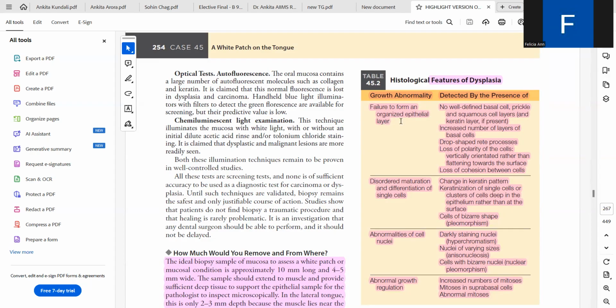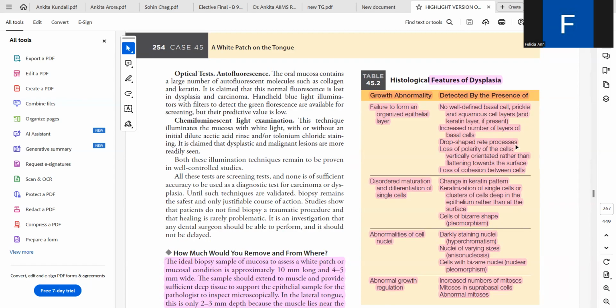Failure to form an organized epithelial layer. Whenever it is going haphazard, that means the cells are in a hurry-burry. They are in continuous stimulation and continuously producing cells, which is a cancer. So no well-defined basal cell, prickle and squamous cell layers and keratin layer if present. Increased number of layers of basal cells.